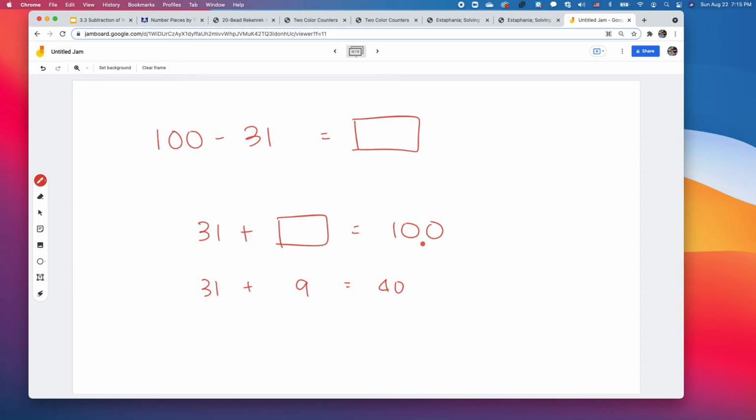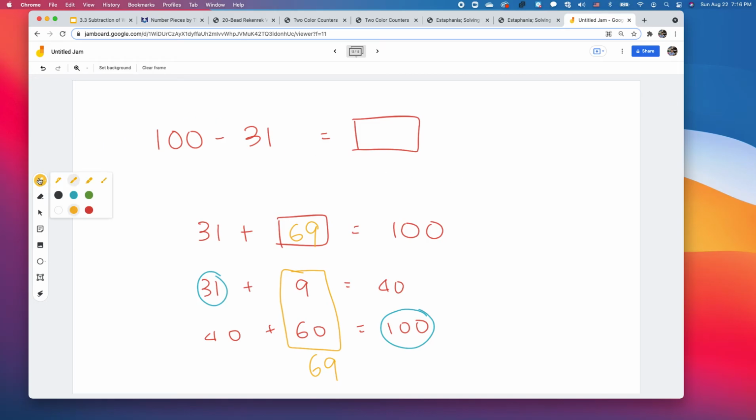I'm getting close, right? Close to 100. From 40, I just need to add 60 more. That makes 100. So starting from 31, let me use a different color. Starting from 31 to end at 100, what did I add? I added 9 and 60. So that is what is missing here, 69.